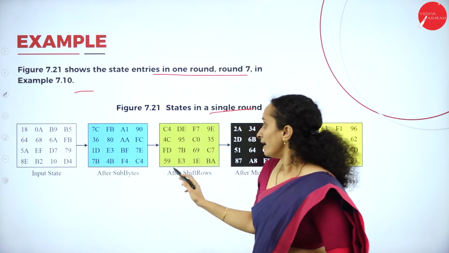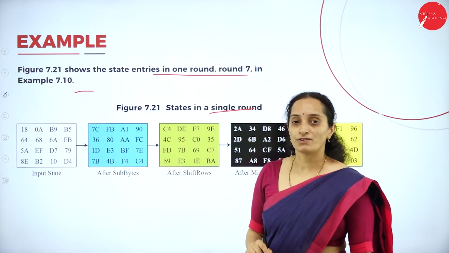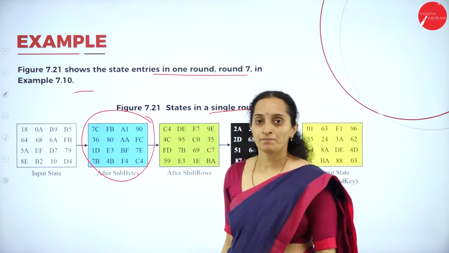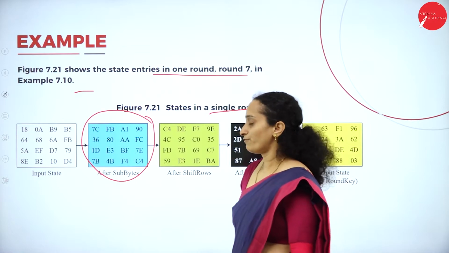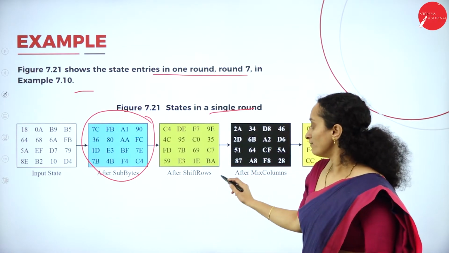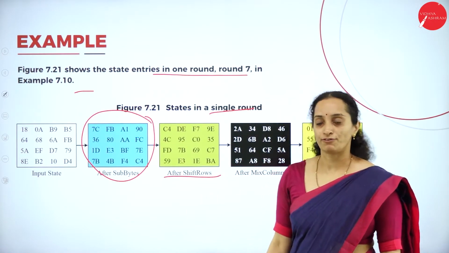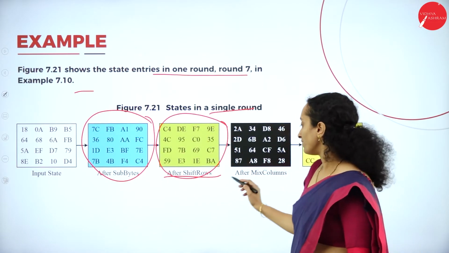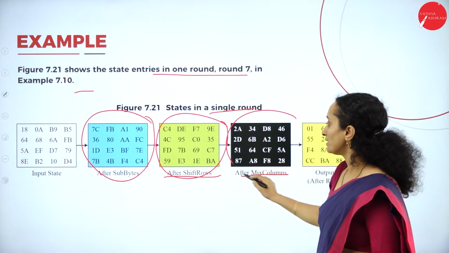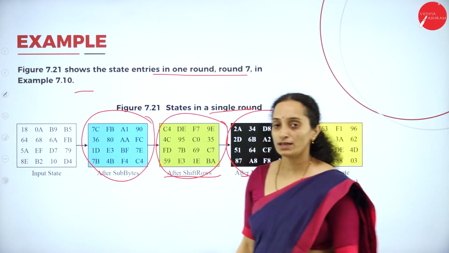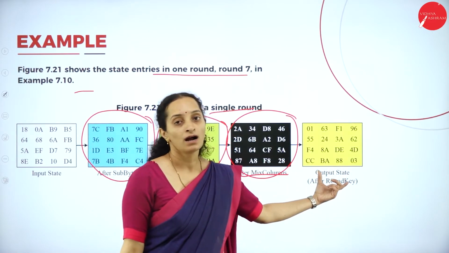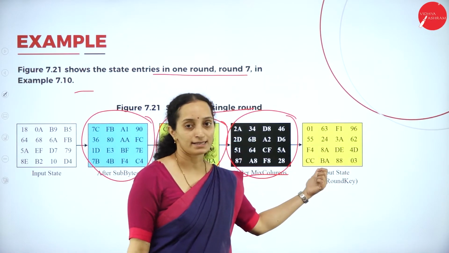Okay, and this is how you get the state after the sub bytes function. After that, we follow the shift rows function, which generates this value. Then we have the state after mix columns. Once the mix columns method is over, we get the output state like this.